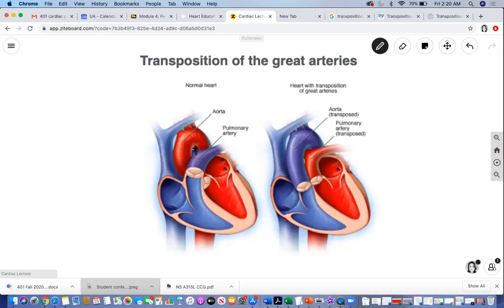And if we look at this picture here on the right, we have our aorta, which, just keep in mind in this picture, is blue, connected to the right side. We have our pulmonary artery connected to our left side. And if we had a PDA, it would be right here.